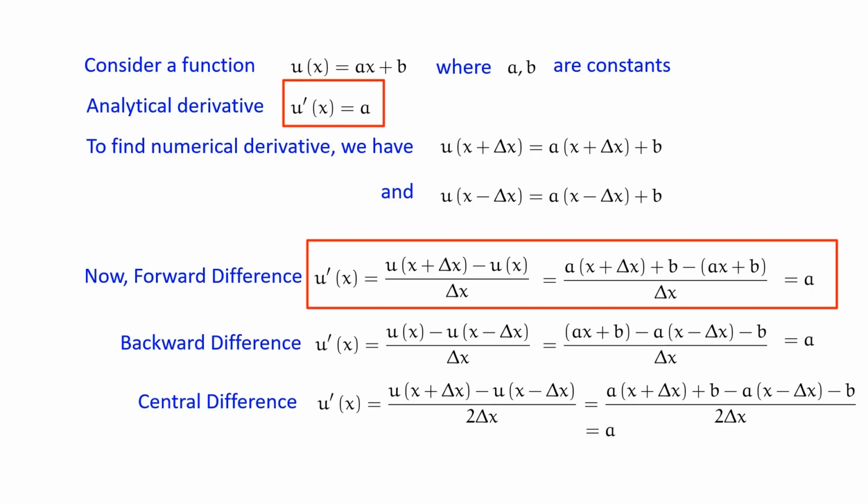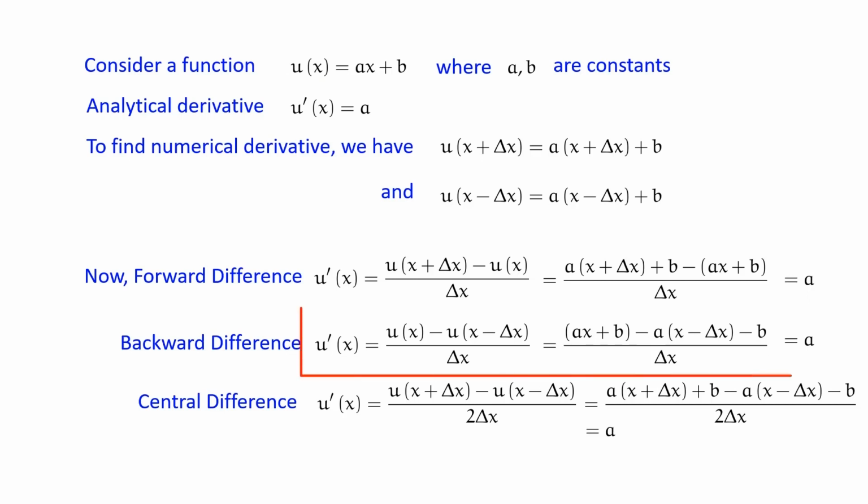Similarly, in backward difference, we have u(x) minus u(x minus delta x) divided by delta x, which is equal to ax plus b minus a into x minus delta x minus b, divided by delta x. That's equal to a.